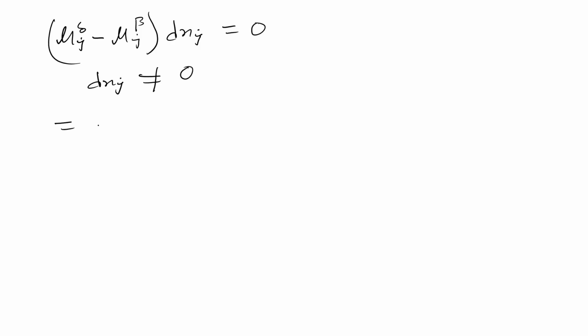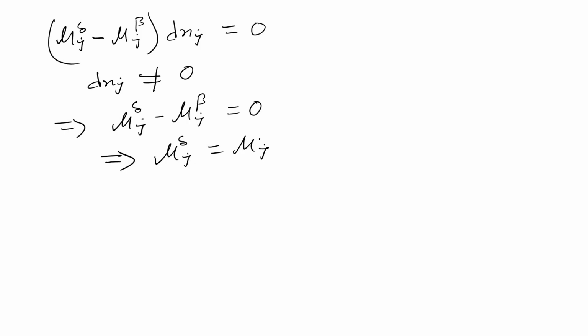So what can I write? Mu J delta minus mu J beta is equal to 0. Therefore, mu J delta is equal to mu J beta. So this is the condition.